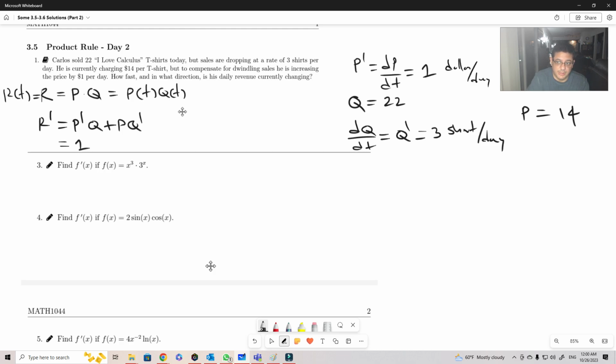So this is 1 times 22 plus P, which is 14, times 3. And so this means that this is minus 3 because it's decreasing, it's dropping.